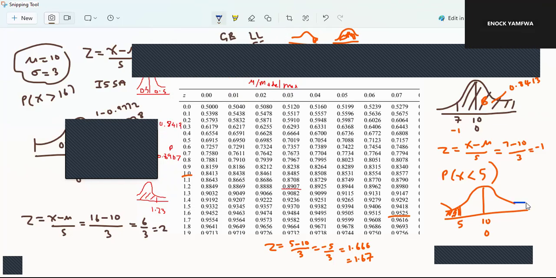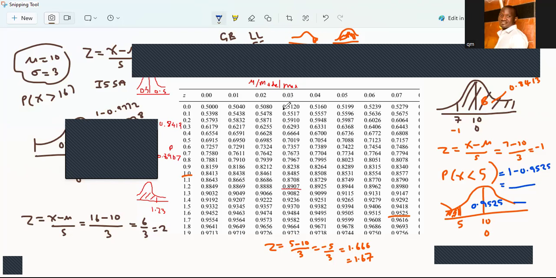From here to here it's the big part. So this is 0.9525. Which part are we looking for, the big part or the small part? We're looking for the small shaded part. So we're going to subtract 1 minus that big part. As simple as that.